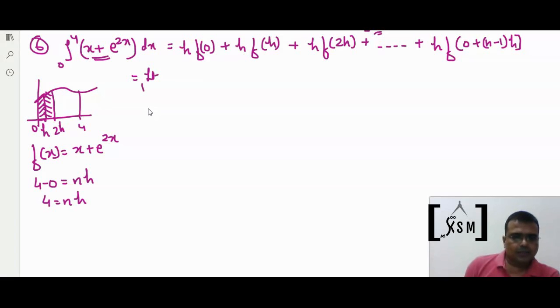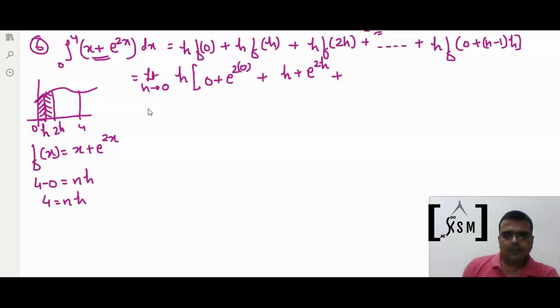Limit h tends to 0. Take h common from all of them. So we have f0, which is 0 plus e to the power 2 times 0, plus fh, which is h plus e to the power 2 times h, and f2h is 2h plus e to the power 4h.